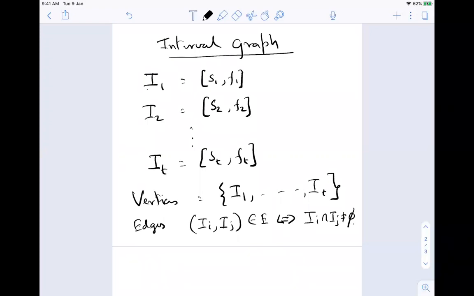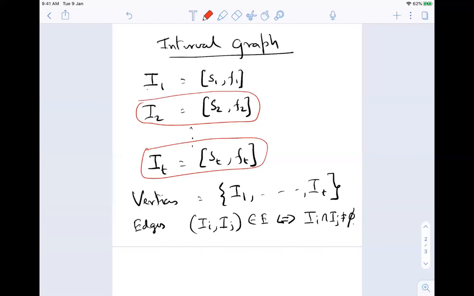And what were you actually finding there? Your goal was to find a set of intervals, right? Say I will take this interval and this interval and some other interval, such that these intervals don't intersect.